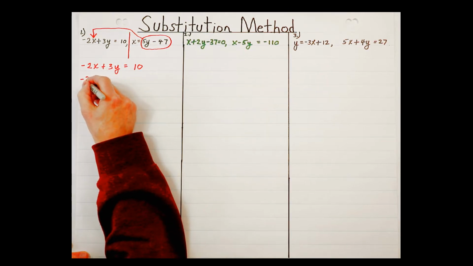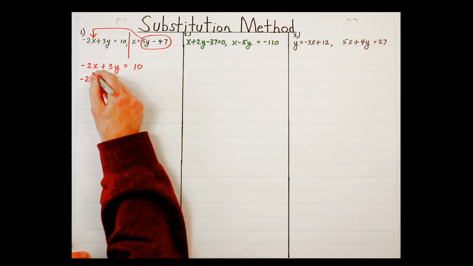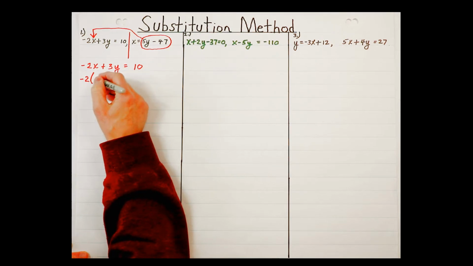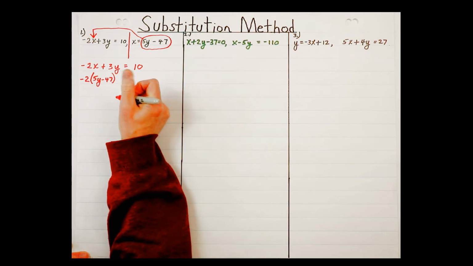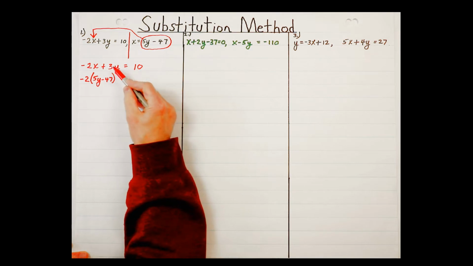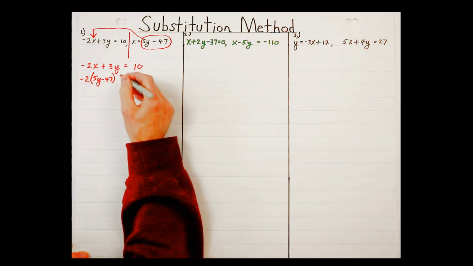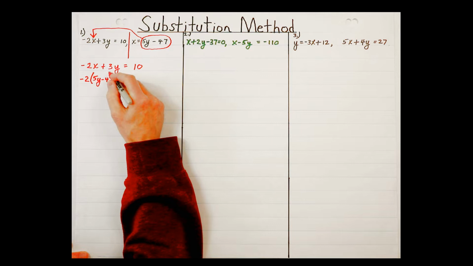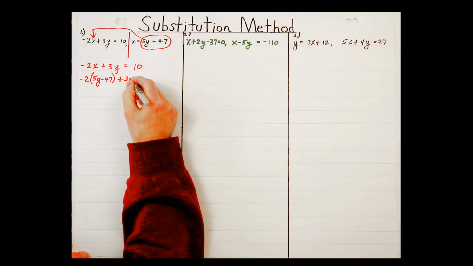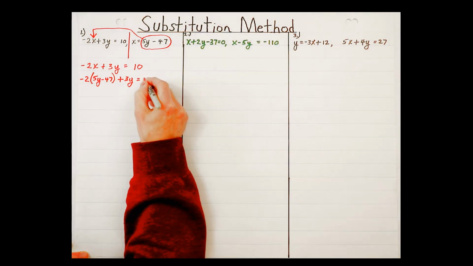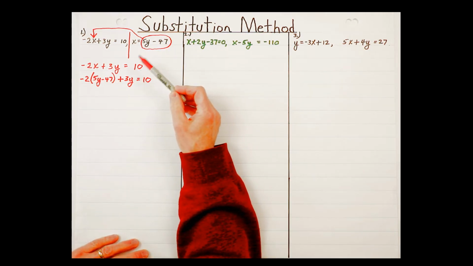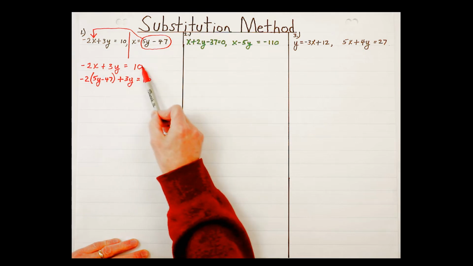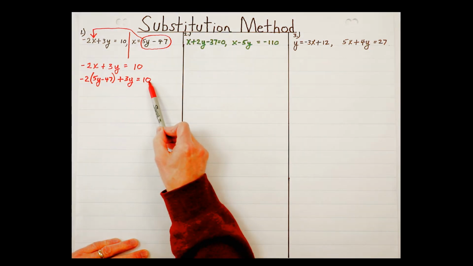So it's not going to be negative 2 times x. It's going to be negative 2 times 5y minus 47. Then we bring down the rest of the equation. So it's plus 3y equals 10. What is the only thing different between this line and the second line here?